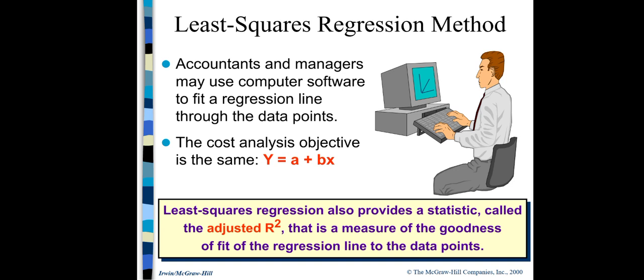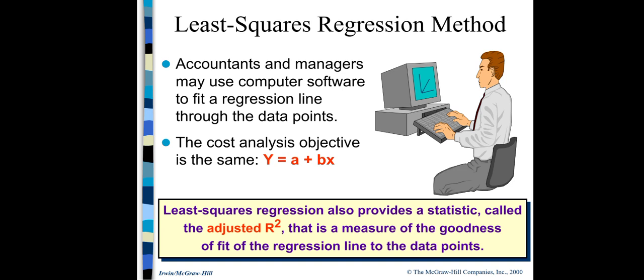The least squares regression method is an analysis using a statistical method to calculate variable cost. It requires a computer program like Excel and uses all points of data instead of just the highest and lowest point like the high-low method.